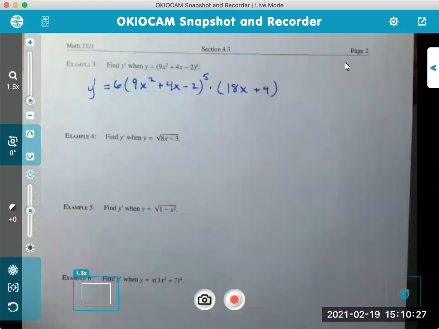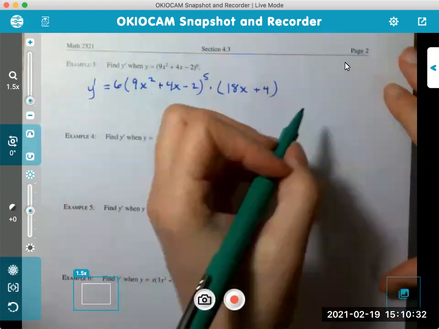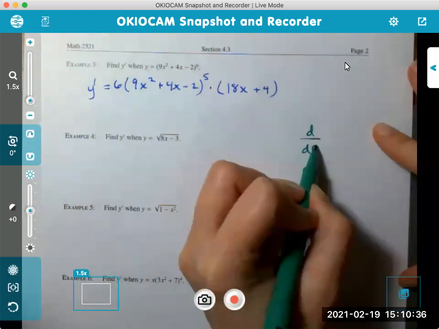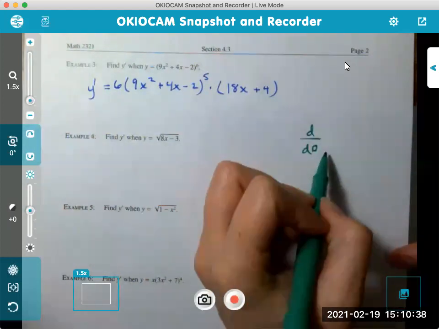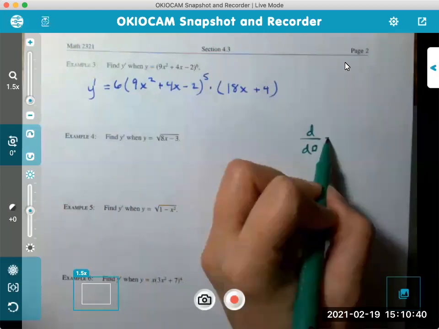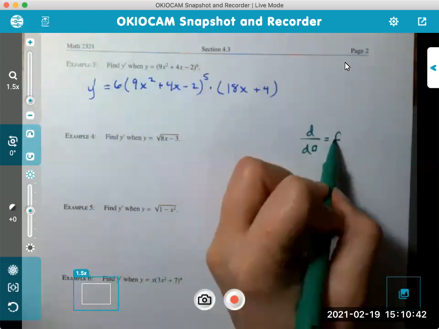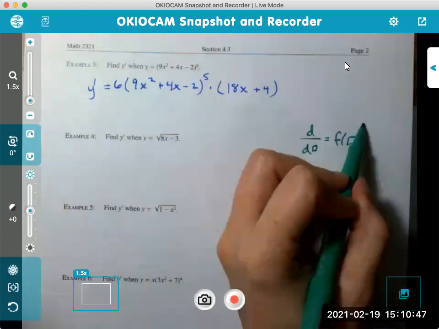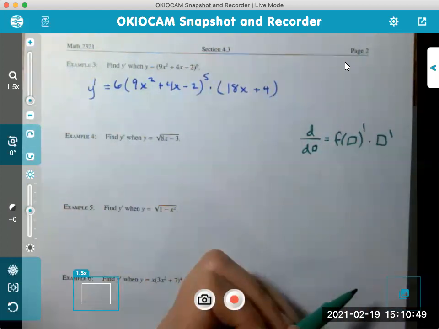One other way that students like is the f and g version, or do you? If I want the derivative of a box, and I think the box is what throws it off, here, if I've got f of box, then it's f prime of box times box prime.